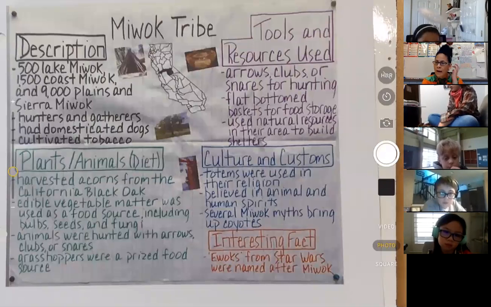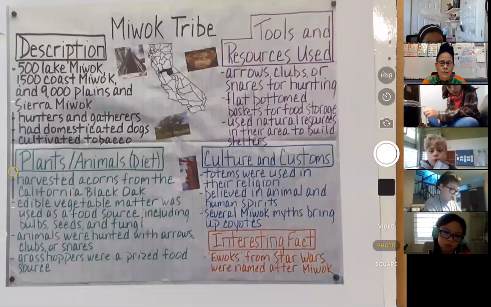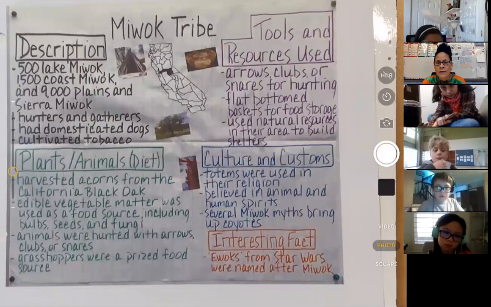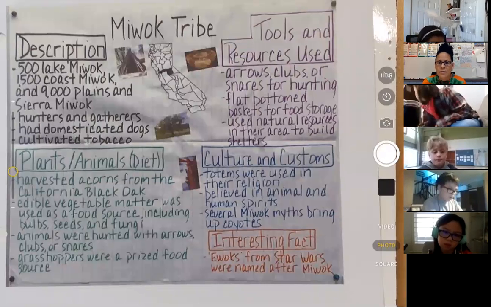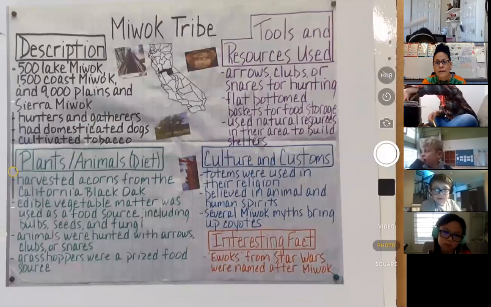So again, we have talked about this with our Native American friends and how resourceful and adaptive they were. Under tools and resources, that first bullet point there, you will see that they used arrows, clubs, or snares for hunting. And again, friends, they made these tools.